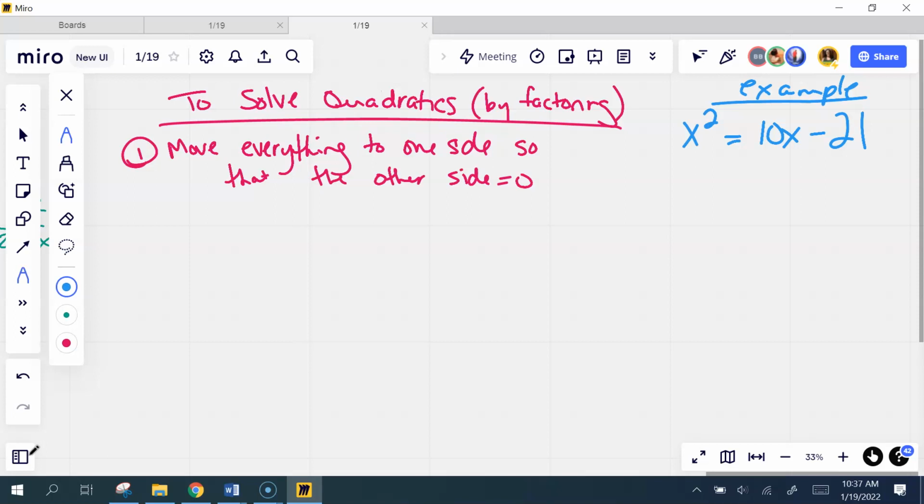If you need to make that equation equal 0 and you want the very first one to stay positive, move the 10x and the 21. If I move the x squared, it's going to be negative. So instead, I'm going to move the 10x and the 21.